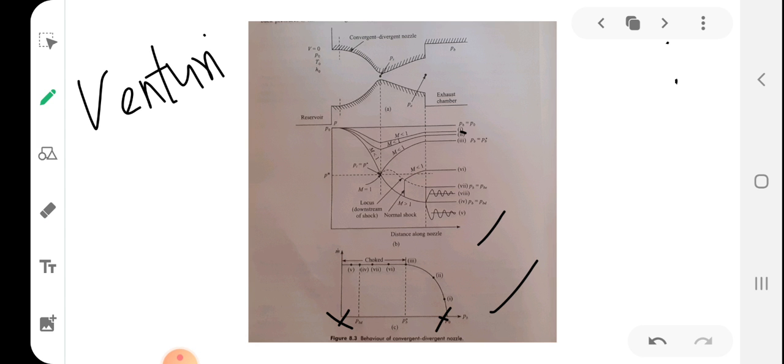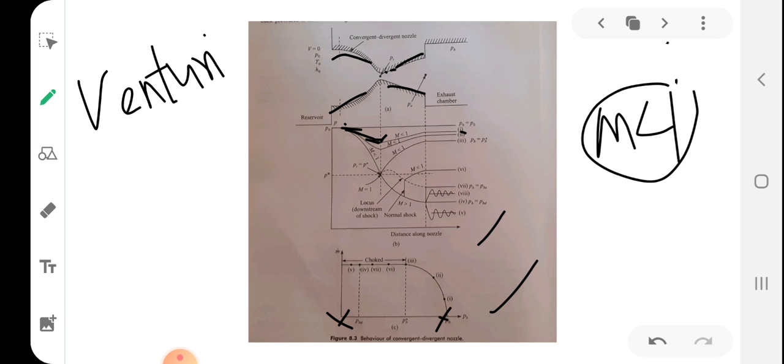You can see that the pressure slowly gets reduced, because this part acts as a nozzle, increasing its velocity, and the pressure gets reduced to a particular value here. When it reaches the throat, after the throat the area is increasing, but the Mach number is still less than 1.